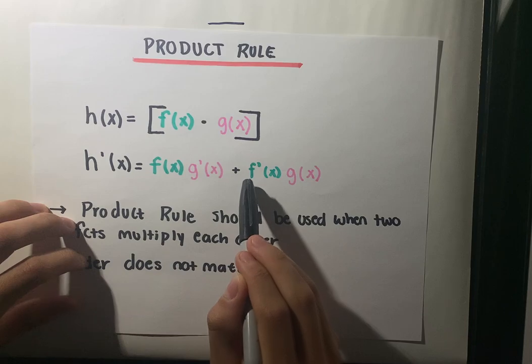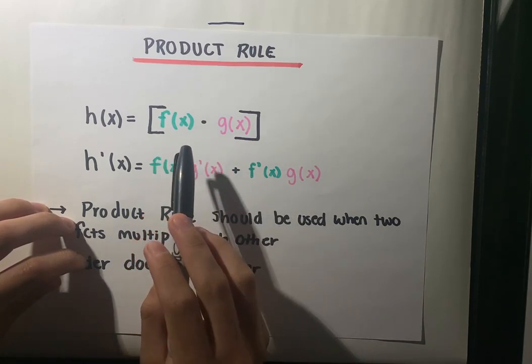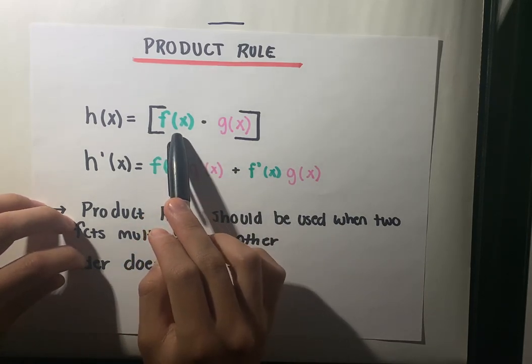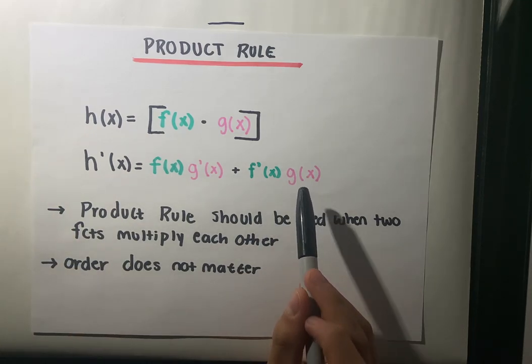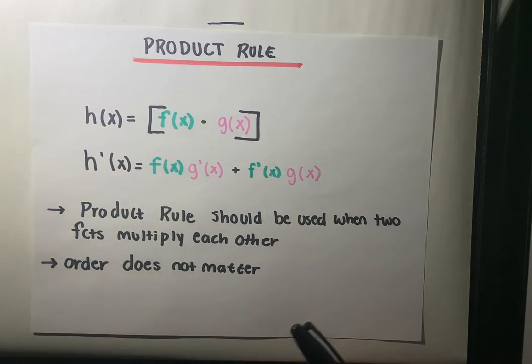You add that to the derivative of the first function, f prime of x, multiplied by the original second function, g of x.